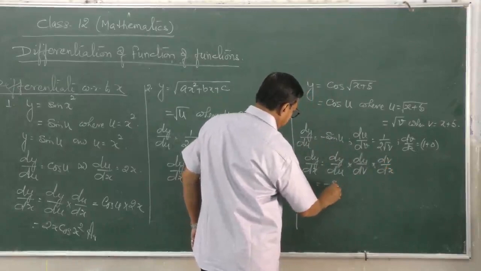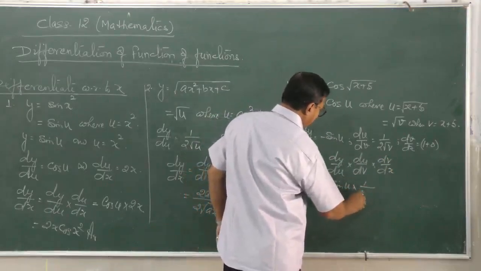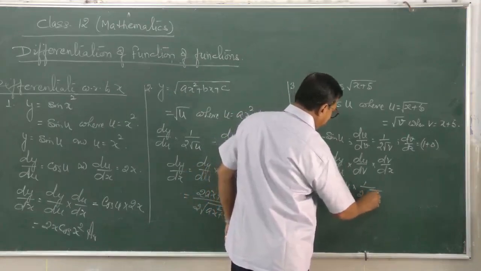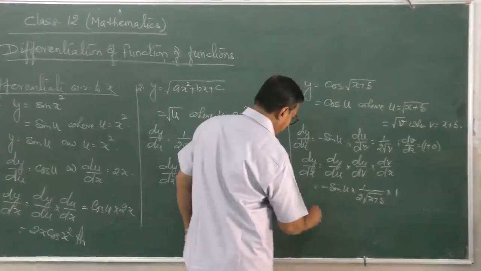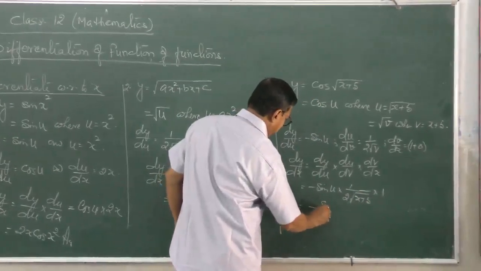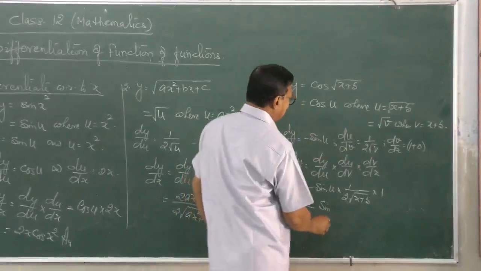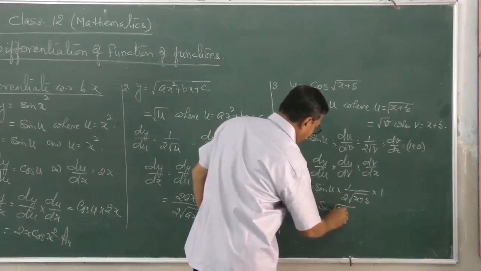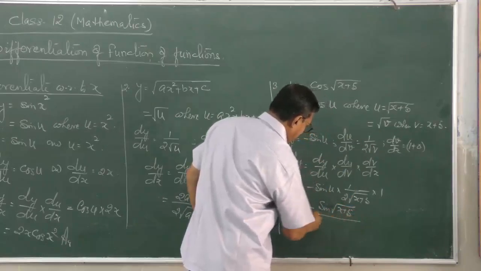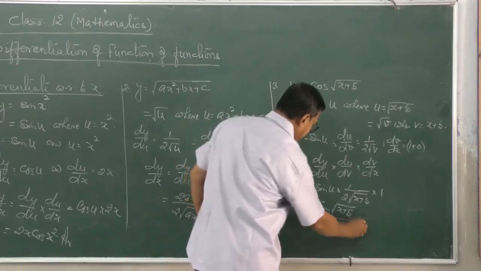So this is minus sine u into 1 by 2 root v, v is x plus 5, into dv by dx, which is 1. So this is minus sine u, u is root over x plus 5, by 2 into root over x plus 5. That is the answer.